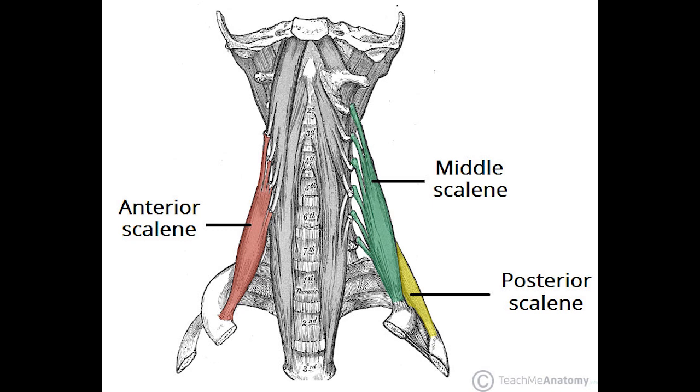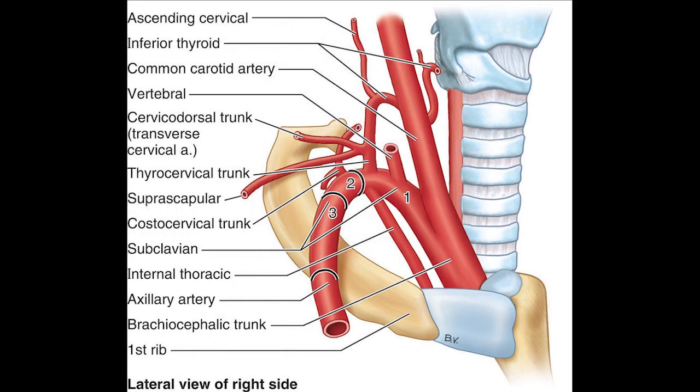The scalenus medius is separated from the scalenus anterior by the subclavian artery and the anterior rami of the lower cervical and first thoracic nerves. The second one is the second part of the subclavian artery.